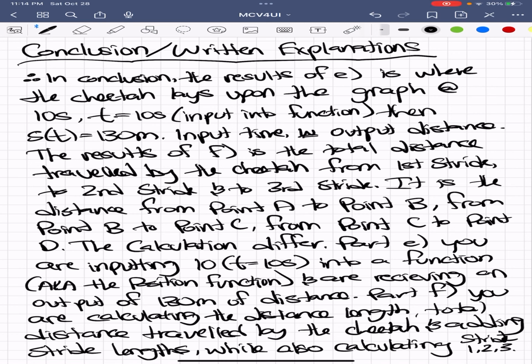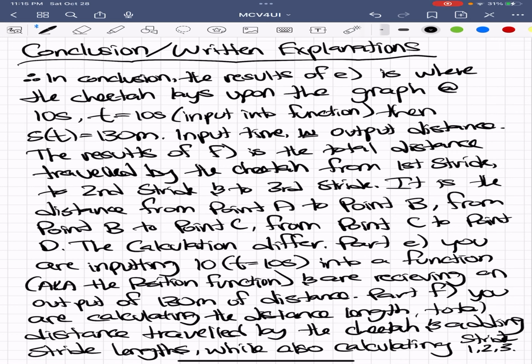We input time, and we have output distance. The results of F is the total distance traveled by the cheetah from the first stride to second stride and to third stride. It is the distance from point A to point B, from point B to point C, and point C to point D. The calculations do differ.